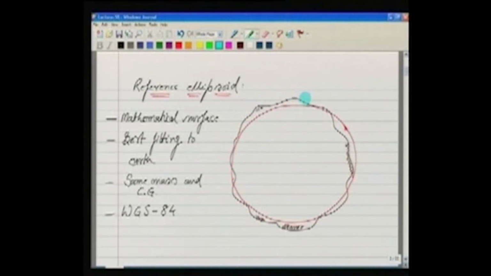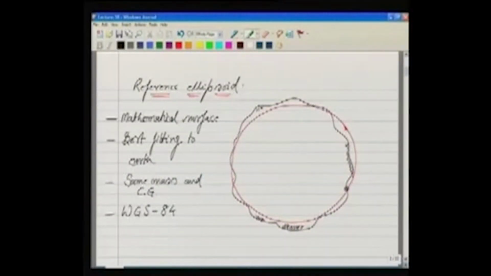And instead of this, what we do, we fit an ellipsoid to the Earth, because Earth is slightly oblate. Oblate means it's not spherical; from the poles it is slightly pressed. Because it is pressed from the poles, we say it is slightly oblate. This is why we are using an ellipsoid in order to represent the earth.